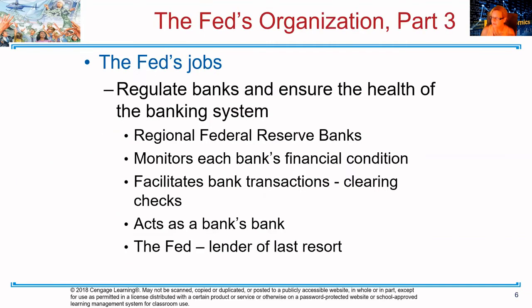All right, so this is what the Fed does today. So lots of different things. So it acts like the bank of banks. Okay, again, the purpose, the lender of last resort. It monitors each bank's financial condition to ensure that they are not insolvent, and it clears checks.